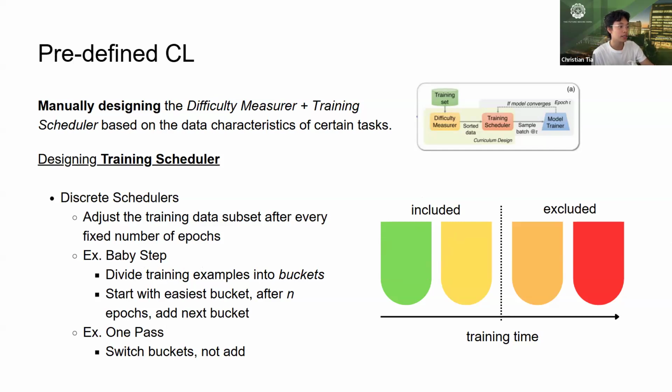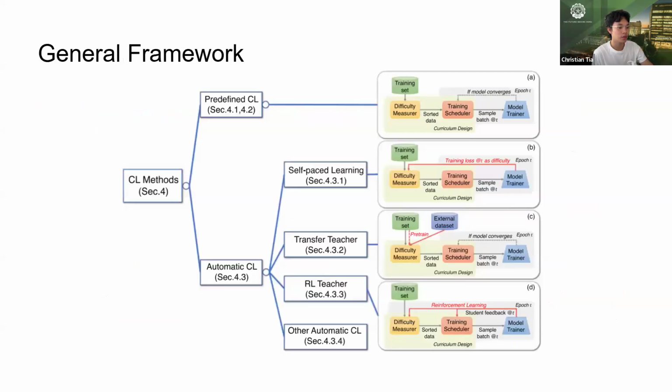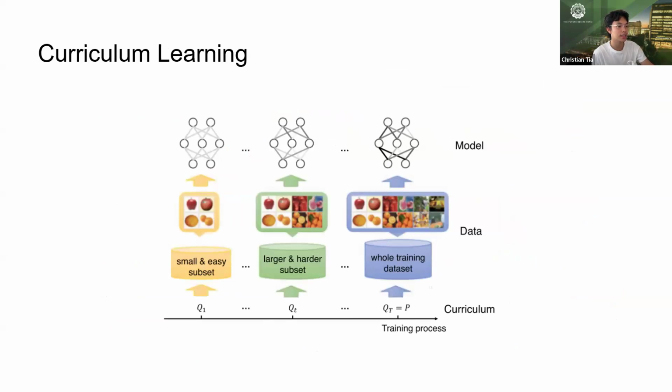So yeah, that's actually correct. If you just simply switch the distribution, switch the data set, then you can forget the previous tasks. That's why more research is leaning towards baby step, which constantly adds data and does not remove. And if you look at the diagram here, this is sort of like baby step, where you're adding instead of switching.